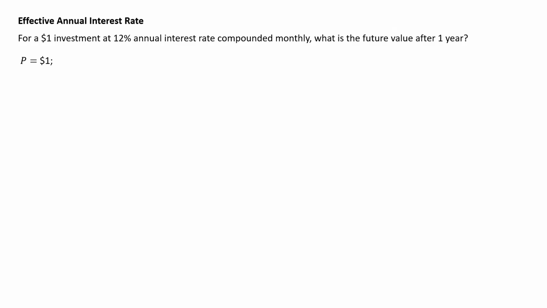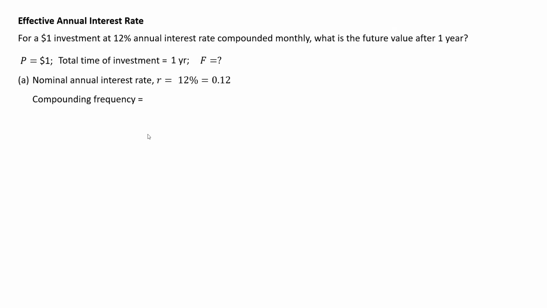P is $1. Total time of investment is 1 year. And F is what? Question mark. And the nominal annual interest rate is 12%. So compounding frequency is monthly. Compounding periods per year is 12.